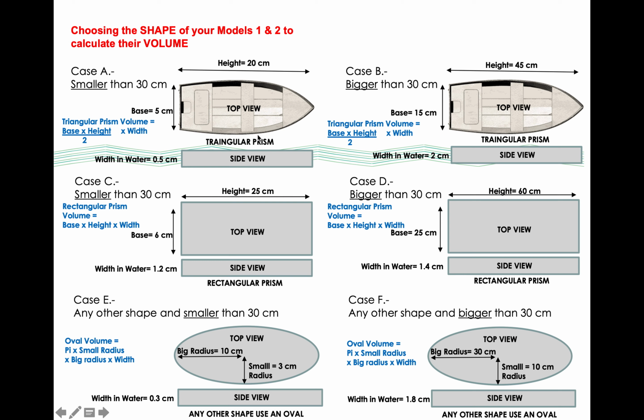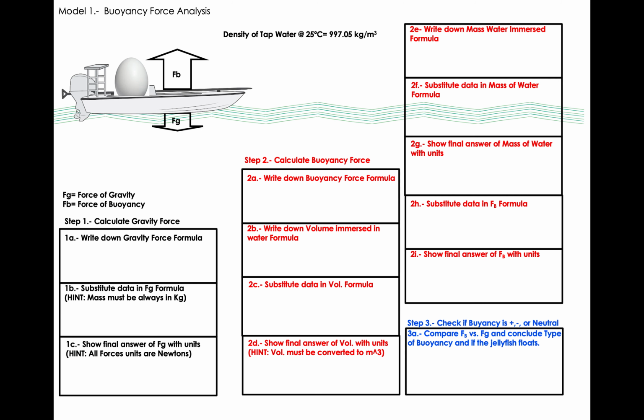If it's a triangular prism, like this one, a rectangular prism, like this one, or any other shape, we will use an oval for that. Cases B, D, and F are actually the same situation, but for those bigger than 30 centimeters, with the measurements and the formula for it. Remember this because we are going to be using it in an example in a moment.